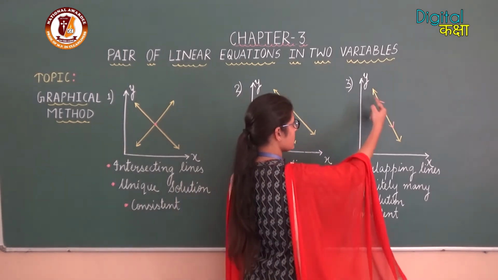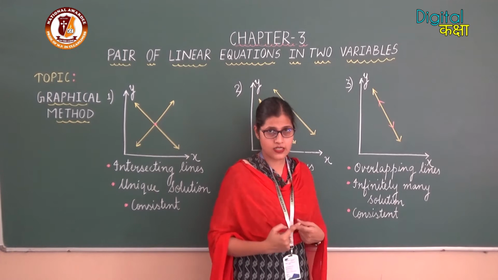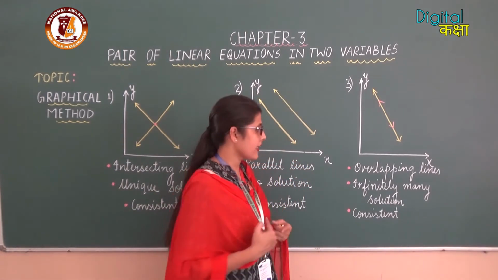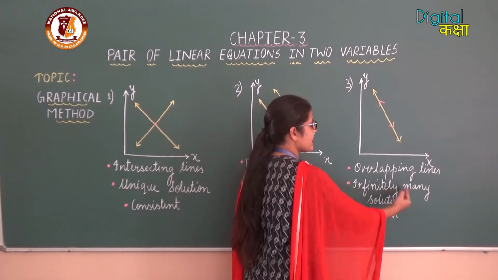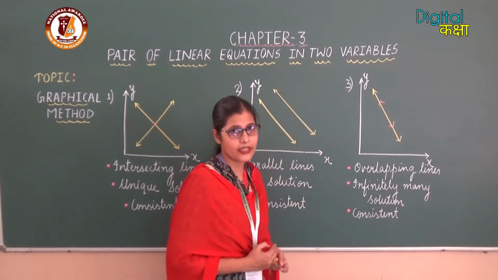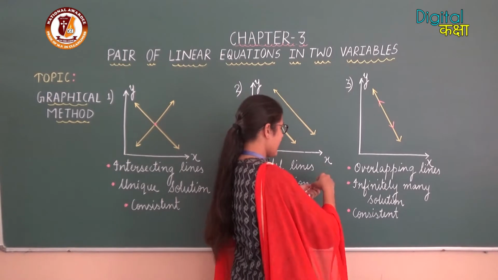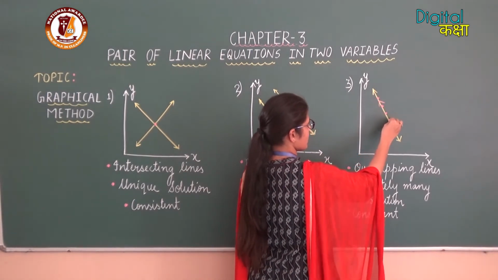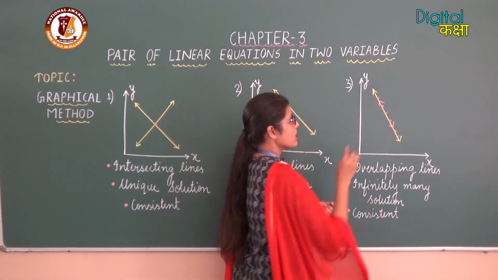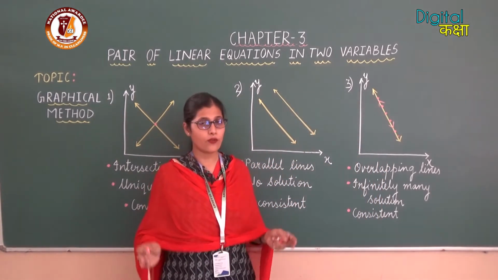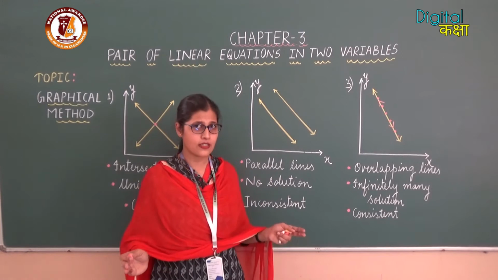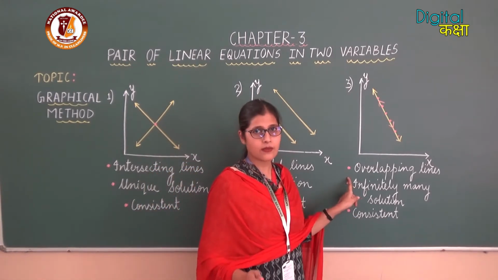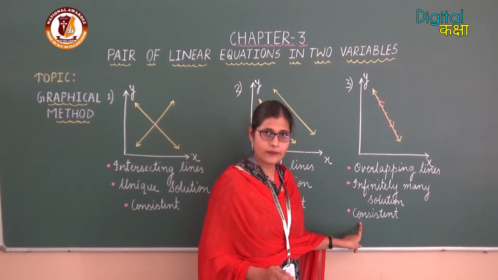Since we are getting two overlapping lines, you can also call them coincident lines, and then you can get infinitely many solutions over here, because at every point you can get a solution. And when you are getting infinitely many solutions, then the pair of linear equations will be consistent.